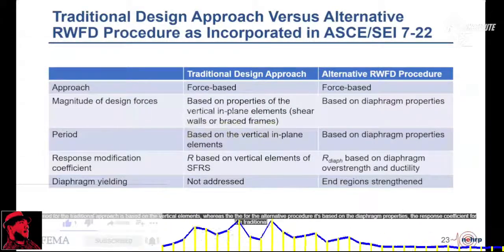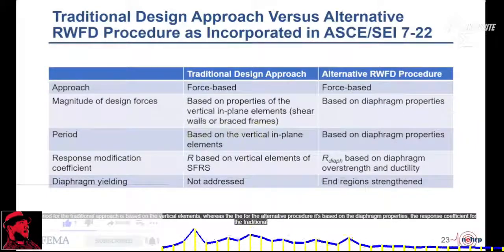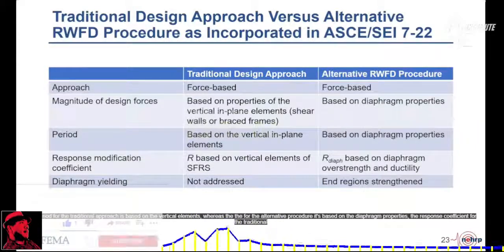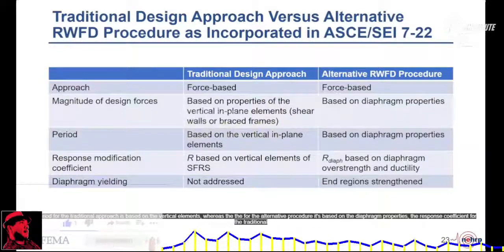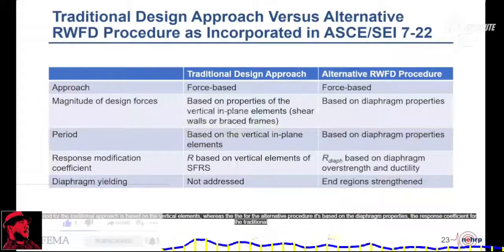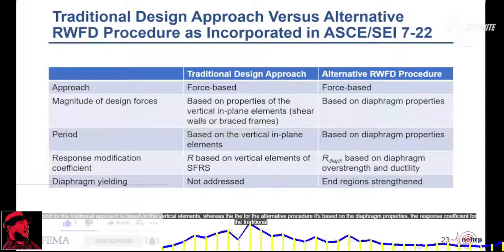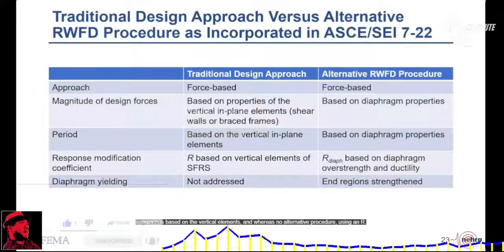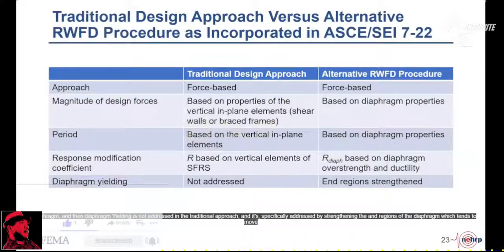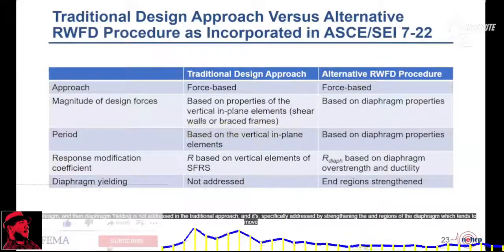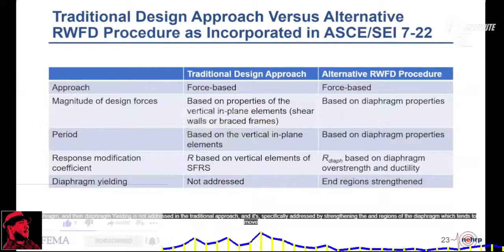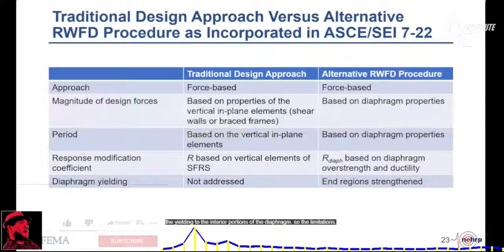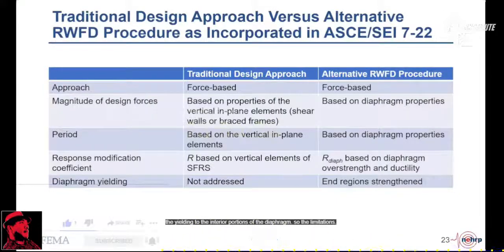The period for the traditional approach is based on the vertical elements, whereas for the alternative procedure, it's based on the diaphragm properties. And the response coefficient for the traditional approach is based on the vertical elements, whereas in the alternative procedure, you use an R of the diaphragm. And then diaphragm yielding is not addressed in the traditional approach, and it's specifically addressed by strengthening the end regions of the diaphragm, which tends to move the yielding to the interior portions of the diaphragm.